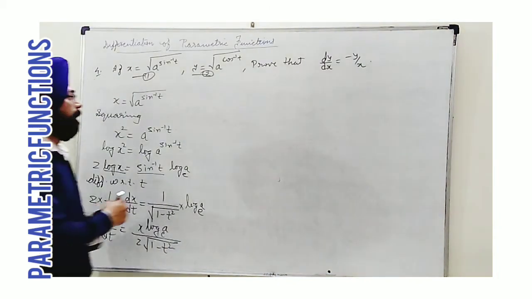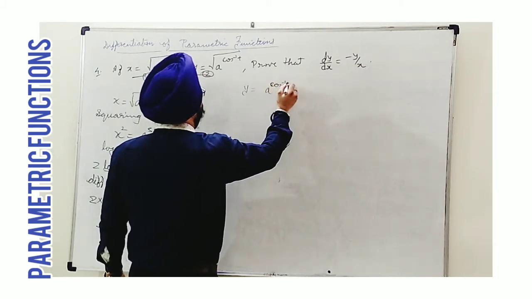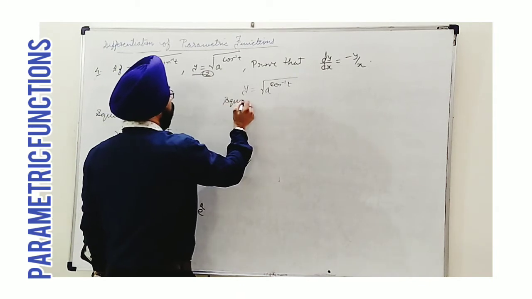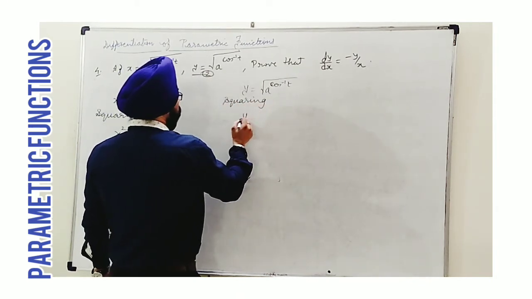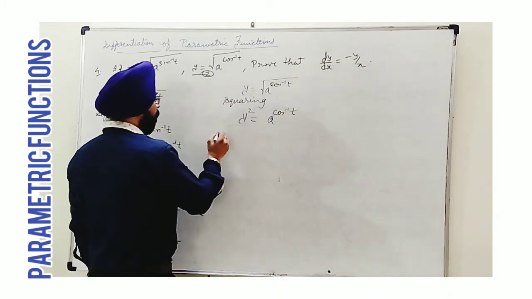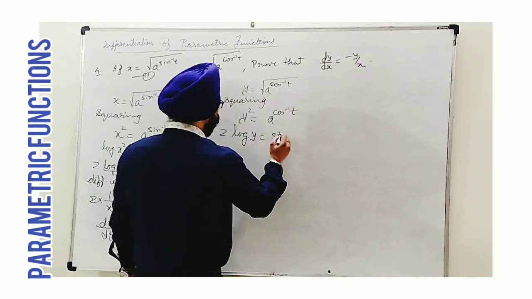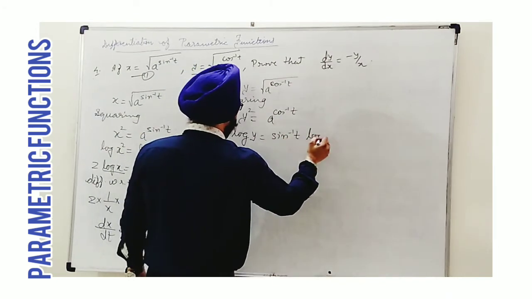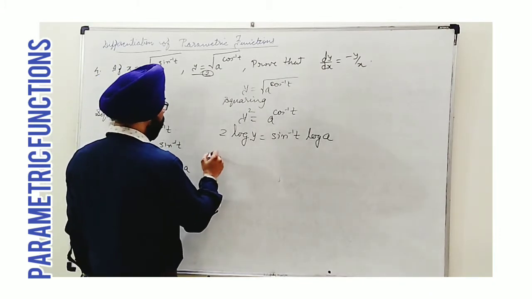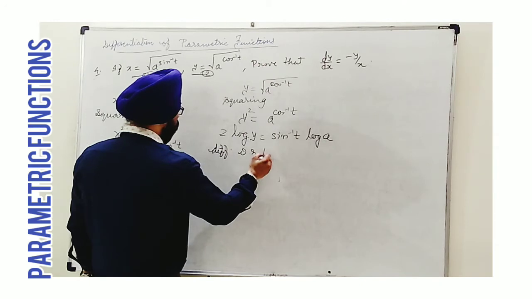Similarly for the second equation, y is given as a^(cos inverse t). Squaring, we get y square is equal to a to the power cos inverse t, and taking log we get 2 log y equal to cos inverse t log of a. At this stage we can do the differentiation with respect to t.